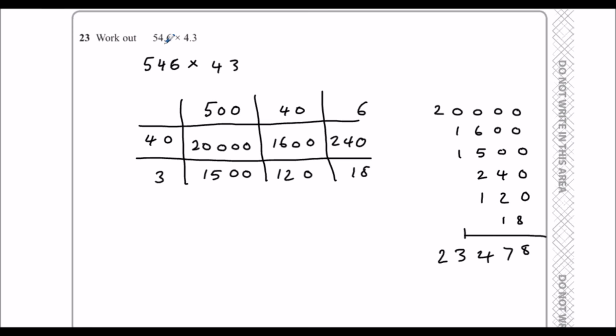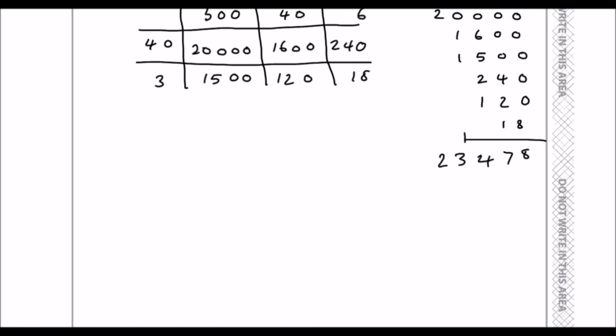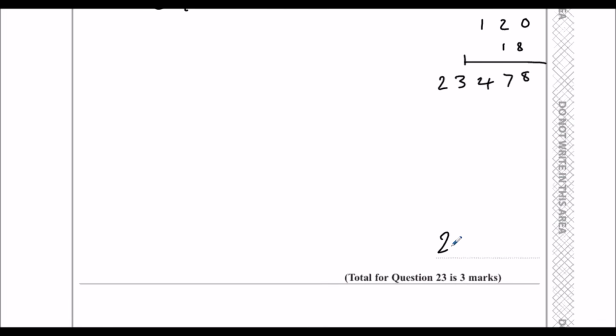But remember, I times by 10 twice in the question. There were 2 numbers after the decimal points in the question. So there's going to need to be 2 numbers after the decimal points in the answer. So that's 234.78. So in effect, we're dividing by 10 twice now to cancel out the fact we times by 10 twice earlier on.